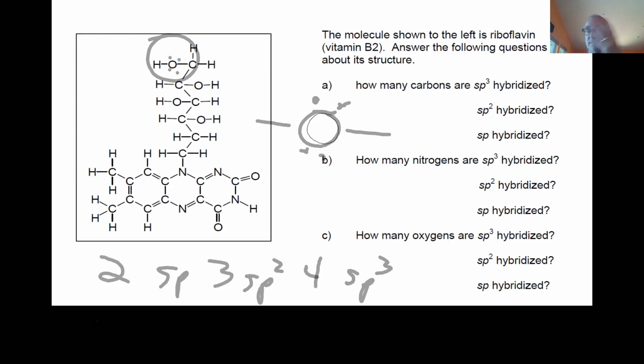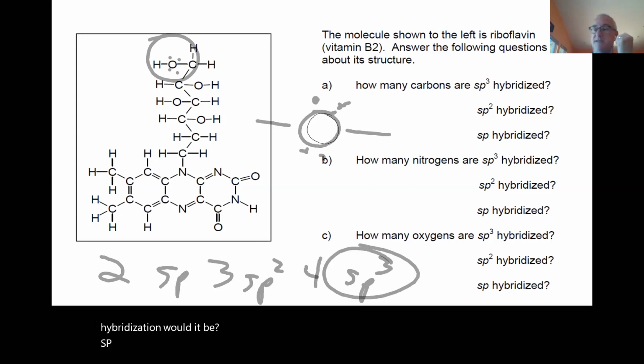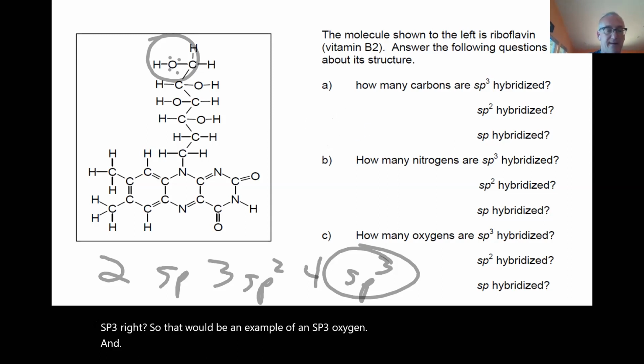It's 2 lone pairs, so that's 2, and it has 2 bonds, 2 more, so it is 4. So what hybridization would it be? sp3. sp3, right. So that would be an example of an sp3 oxygen. And now that would be different from this oxygen here.